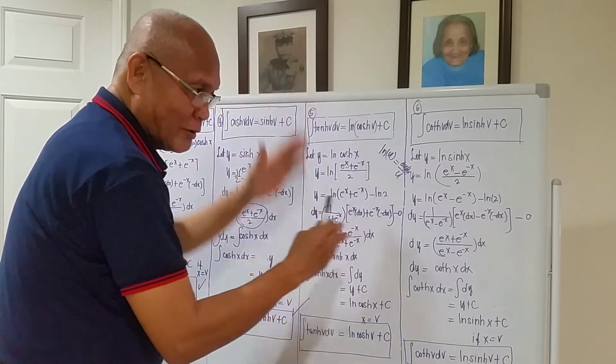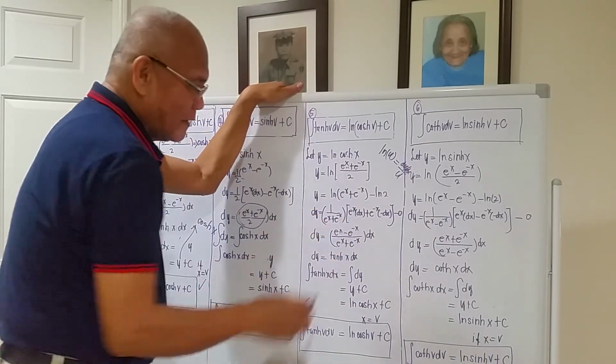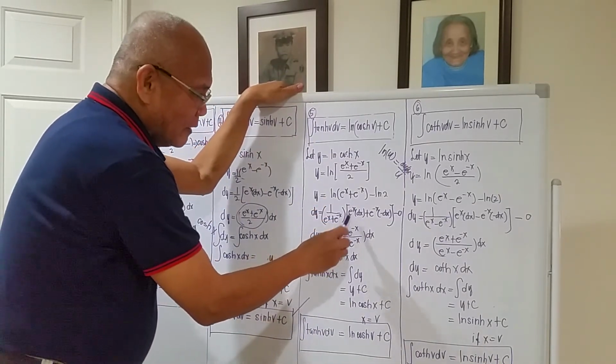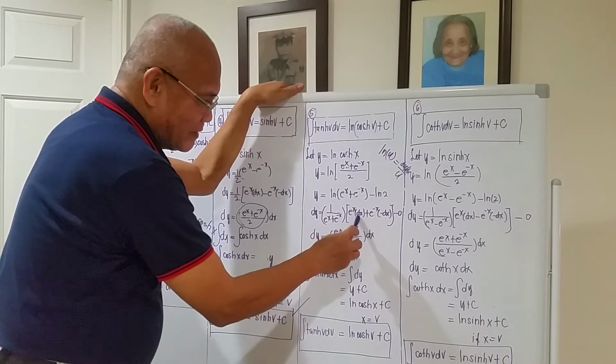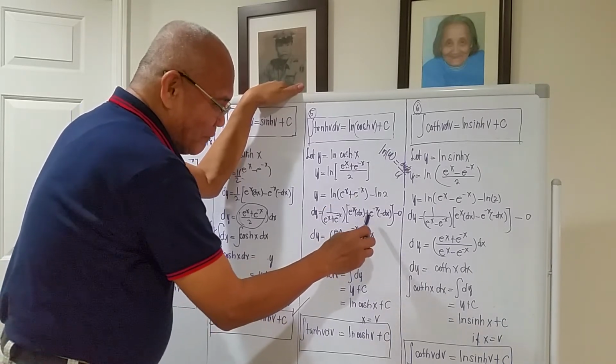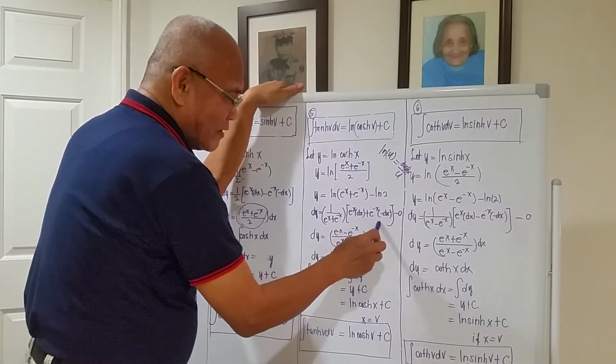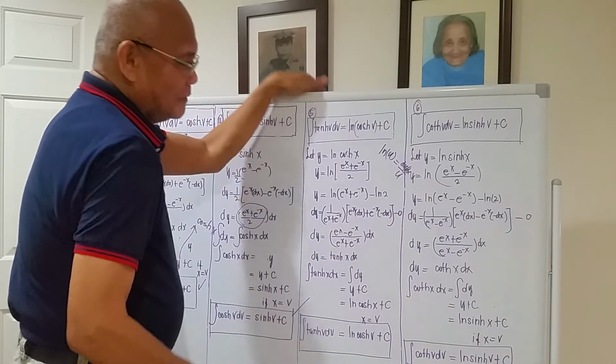Just be careful with your expansion because it's a little bit long. So this is multiplied by, open bracket, e to the x times dx. This is e to the u du, right? Plus e to the minus x. The differential of minus x is minus dx, close bracket.